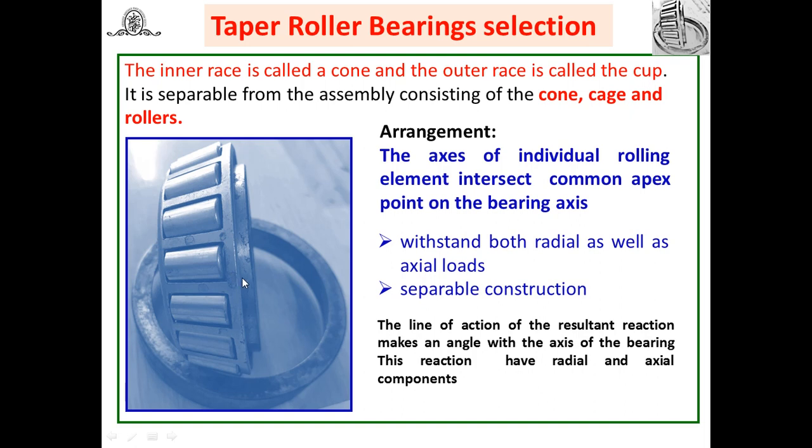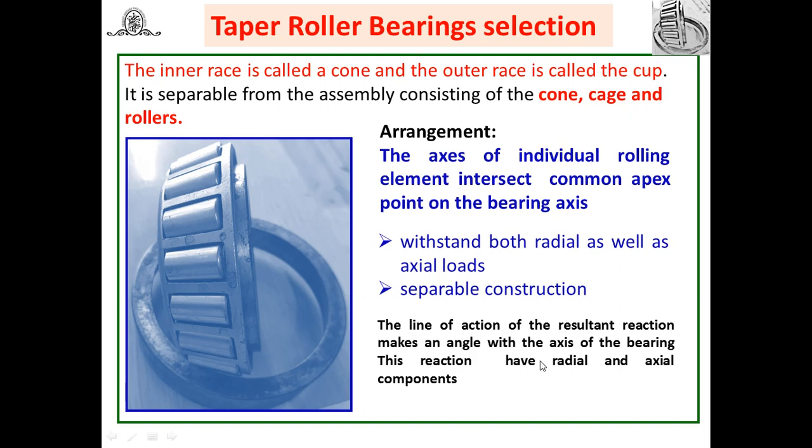You know very well the arrangement in a taper roller bearing: the axis of each individual roller is going to intersect at a common apex point on the bearing axis. Try to understand. This taper roller bearing is subjected to radial as well as axial load, and it withstands both radial as well as axial loads.